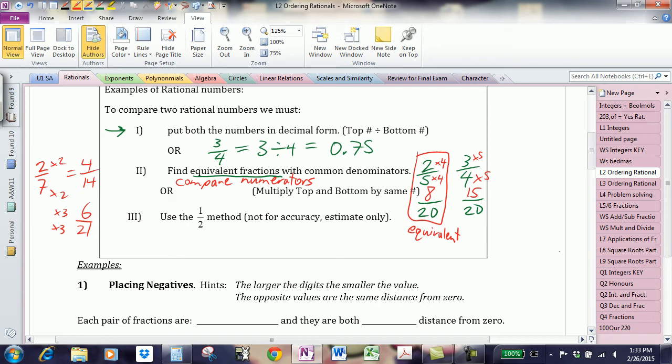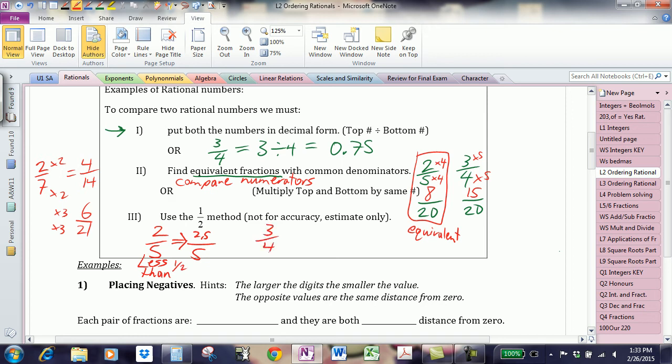Now the other method is the half method. If we have 2 over 5, half of 5 will be 2.5. Okay. Don't use an equal sign there. And so what we notice is that we are less than halfway. We're less than 2.5.